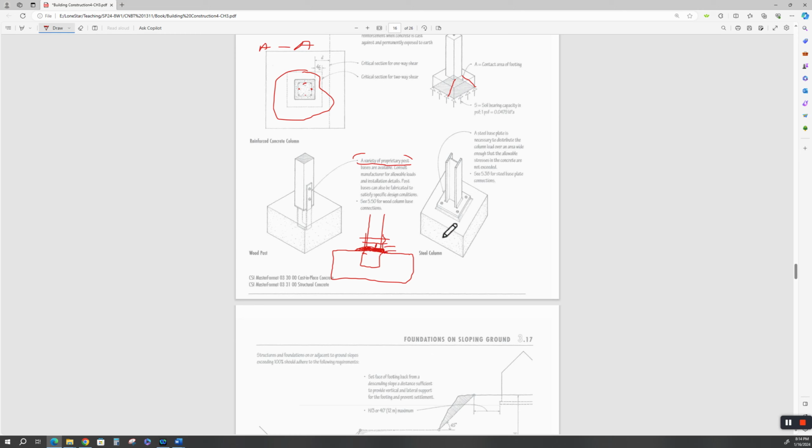It will rot out. Now here is a steel column with a steel base plate, to distribute the column load over an area wide enough that the allowable stresses in the concrete are not exceeded. That goes back to that shear strength diagram at a 45-degree angle. And you'll notice that these base plates are grouted. They're not grouted with cement.